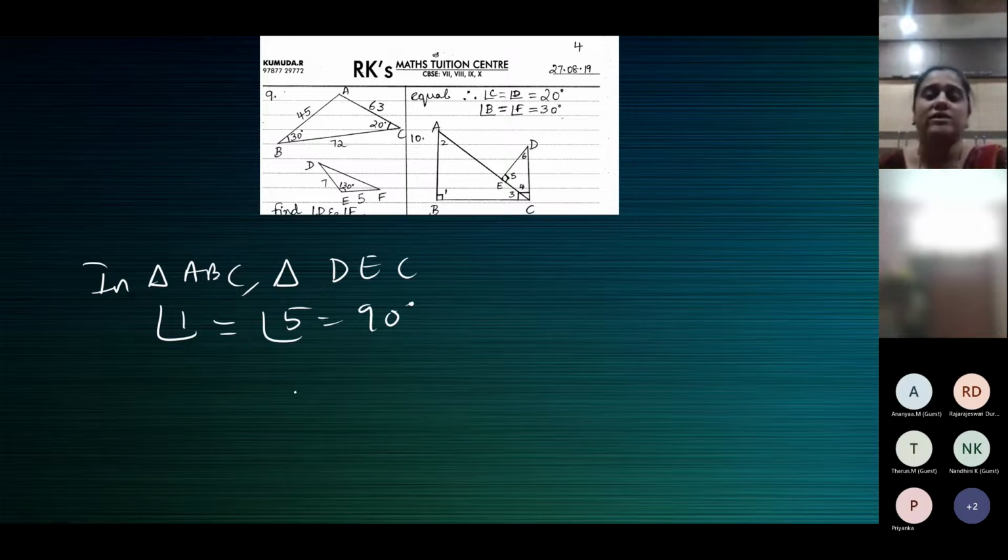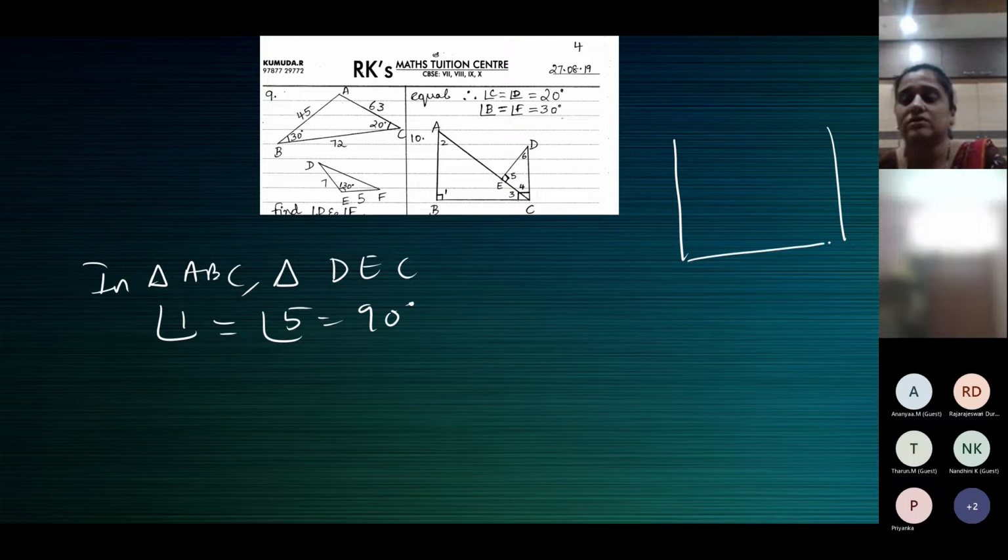Now we know that two lines perpendicular to the same line are parallel to each other. See now, when you have two lines like this, this is 90, this is 90. Co-interior angles are supplementary. So that means these two lines are parallel, right? When co-interior angles are supplementary, the lines are parallel.